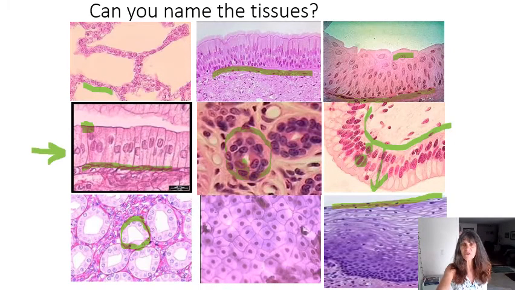Now this is a tough one. That's actually simple stratified, I'm sorry, that doesn't exist. Simple squamous epithelium. You can't have simple and stratified. That means there's 1 layer of many cells.